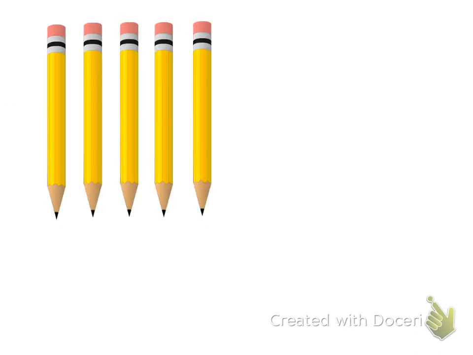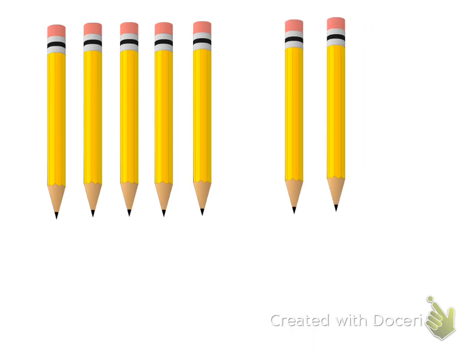Okay. All right, so let's make up a story of our own. Here I have 5 pencils. I'm going to put on 2 more pencils. 1, 2. I'm going to add 2 more pencils. What did I do?